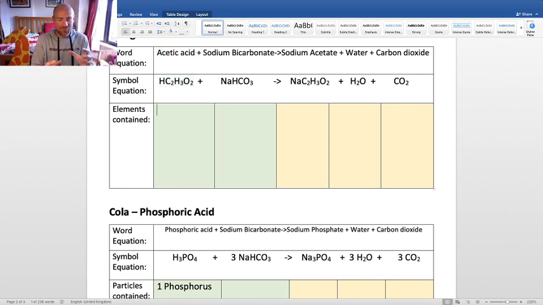So what I'm after is you to think, okay, H, this is hydrogen, and we've got 1, and we've got 3 more, so we've got 4 hydrogens. Okay, and so on. We've got 2 carbons.